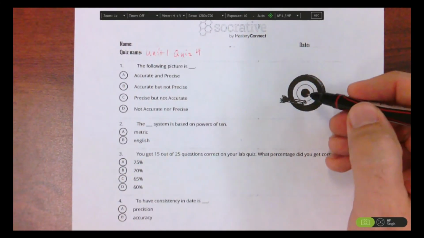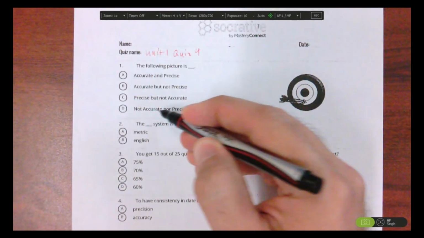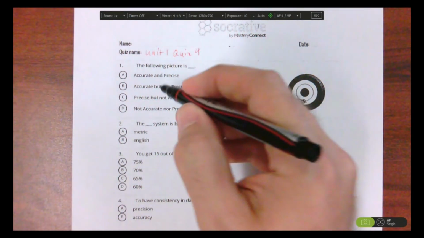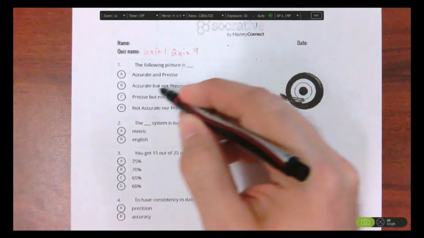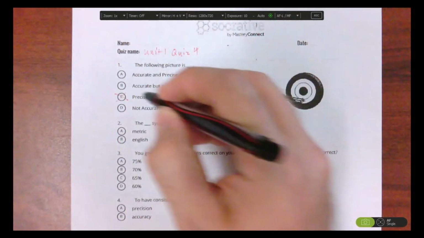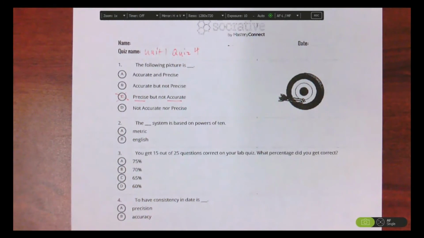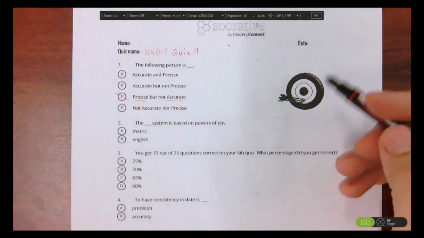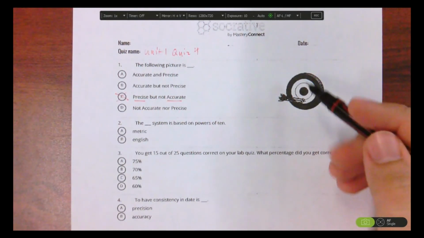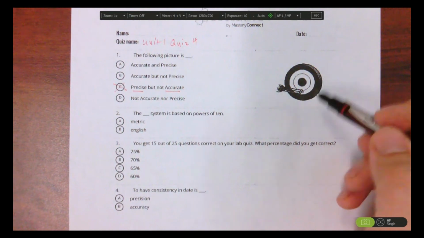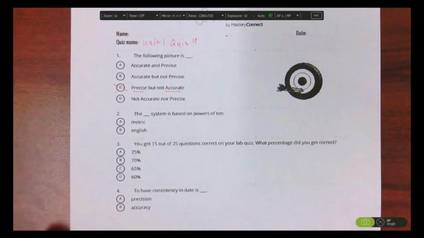No. So they are not accurate, but they are precise. So we find the one that's C. They are repeating, but they're not hitting the goal. So that's kind of how you could see some of these questions. Now I could just replace this with a real gun and actually blow holes through it, but it wouldn't be this bad of a picture. It'd actually be kind of in color.